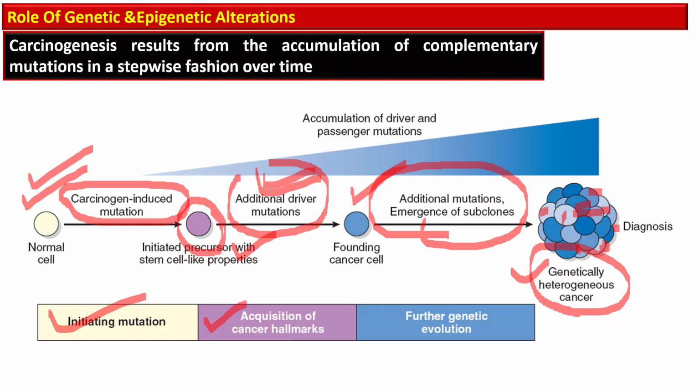So clinically, the tumor is diagnosed at this stage. The tumor contains many subclones, and it is genetically heterogeneous. This heterogeneity often complicates treatment and contributes to drug resistance.